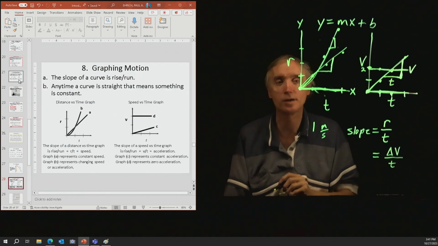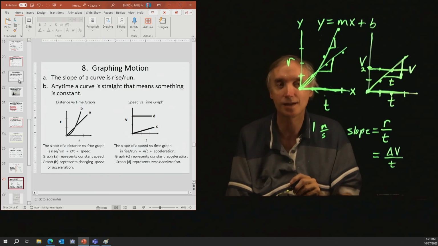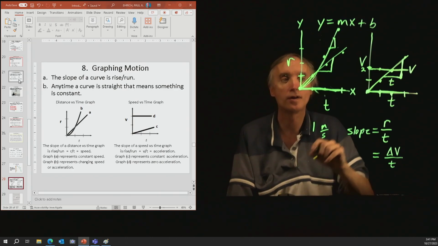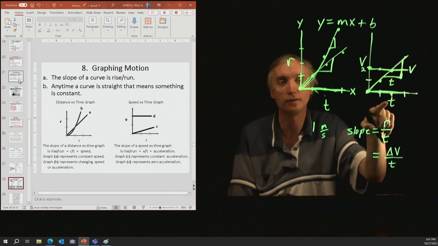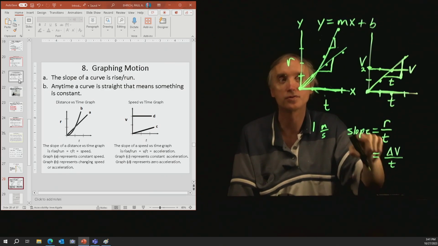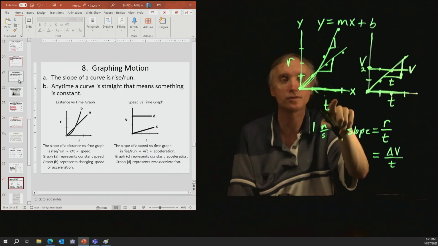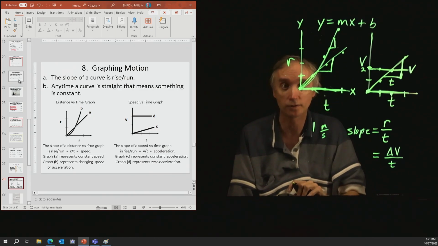And did we have a special name for that? Yes, we did. We said it was the acceleration. So the slope of a velocity versus time graph is the acceleration of the object. The slope of a distance versus time graph is going to be the speed of the object.